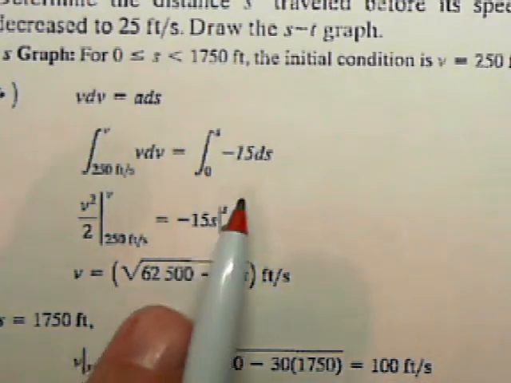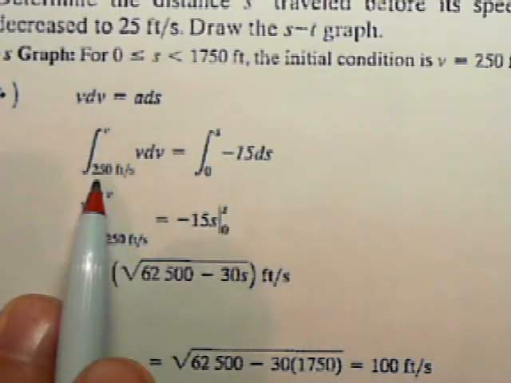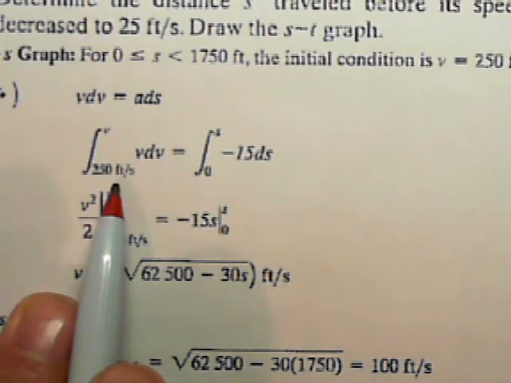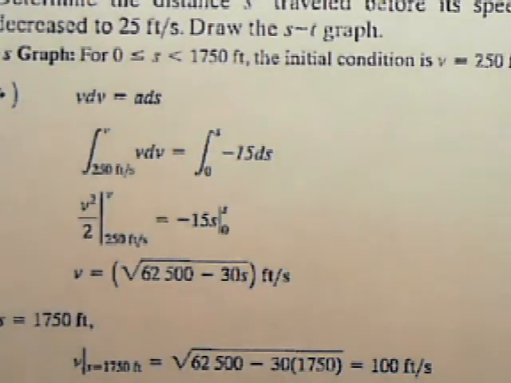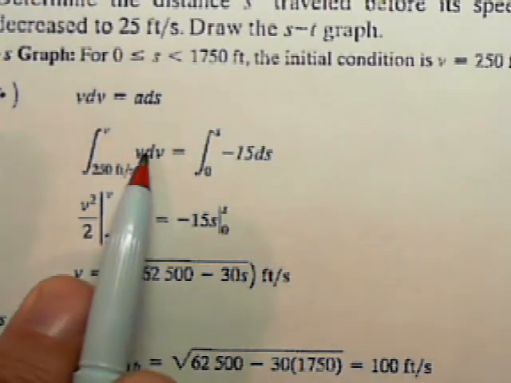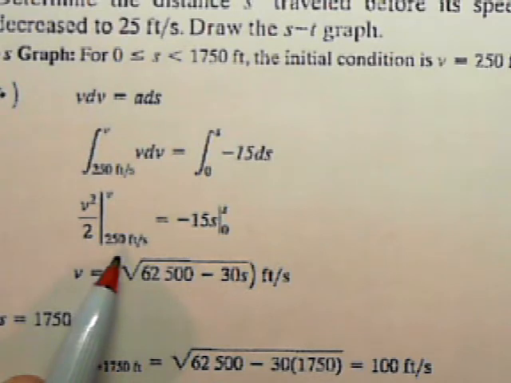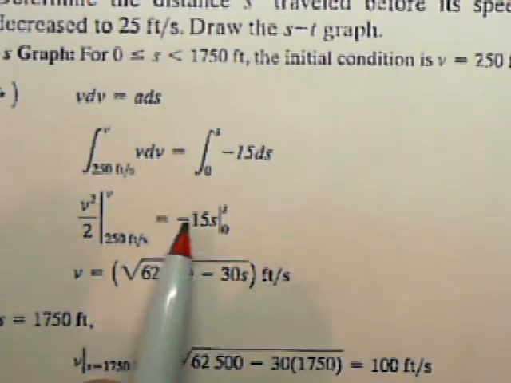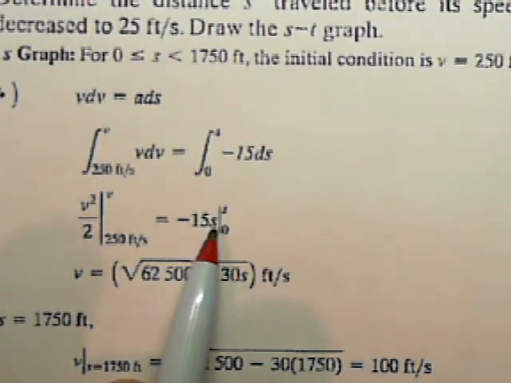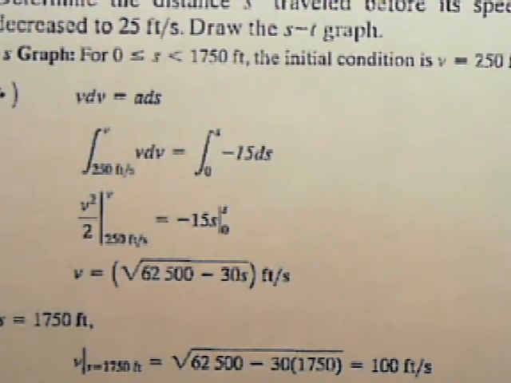Now, at time equals 0, our lower limit here has to be the velocity that corresponds to S equals 0, and that was given as an initial condition of 250 feet per second, integrating the v dv to an indeterminate V. Integrating v dv gives us a v squared over 2, evaluated between the upper limit V and lower limit 250, and integrating minus 15 ds gives us a minus 15s, evaluated between the upper limit of S and a lower limit of 0.